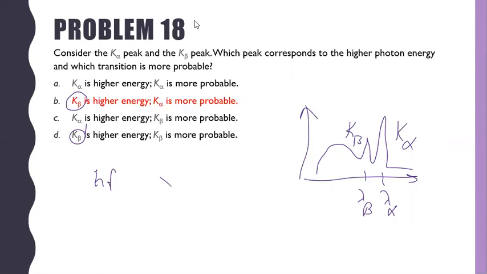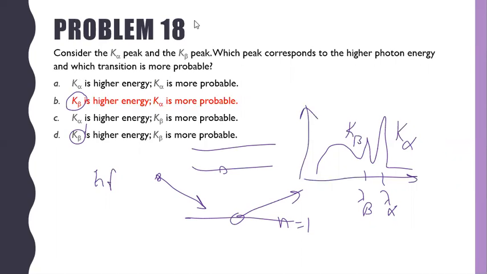Well, what happens is that electrons come in and they shoot an electron out of n equal to 1. And that means electrons from n equal to 2 might fall in here, or from n equal to 3. K alpha is from n equal to 2 into n equal to 1. K beta is from 3. So this is the alpha and this is the beta. So it's not a surprise that we can have more electrons coming from 2 to 1 because it's closer.